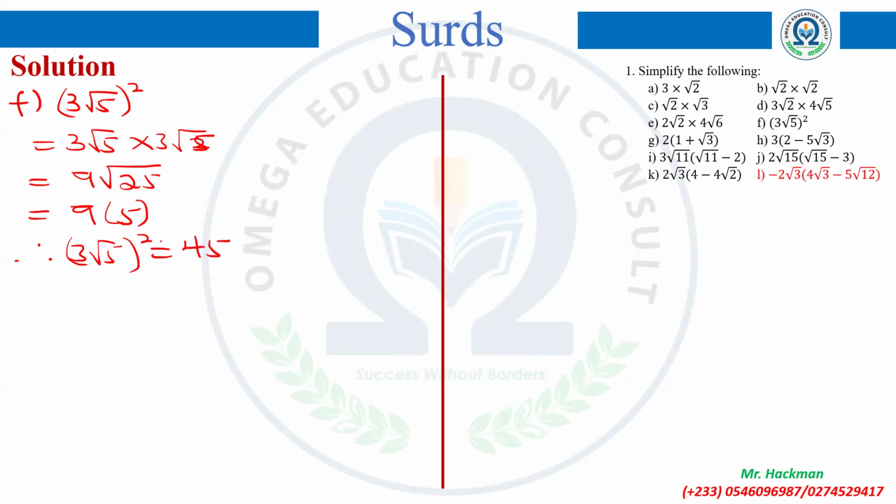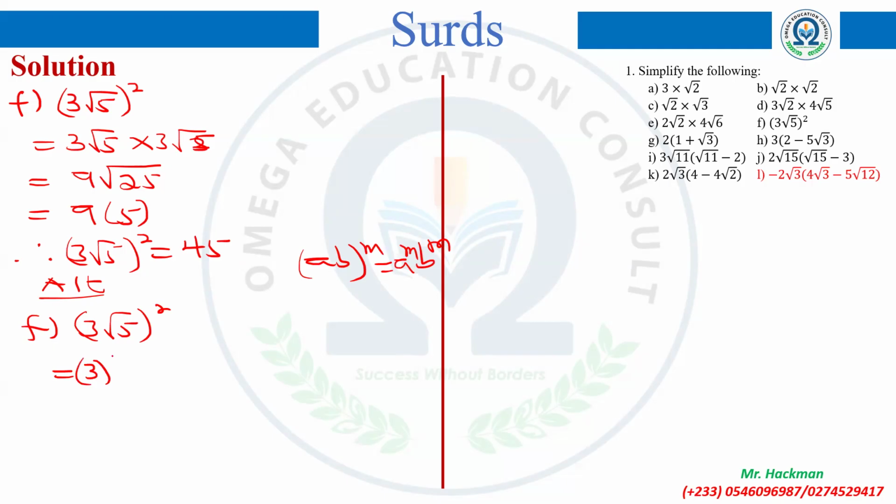That is one way. Alternatively, and that is the way that I want you to handle: if I have 3 roots of 5 all squared, from indices, if you have a, b to the power m, we know that is the same as a to the power m, b to the power m. Do you agree? Yes, please. So on that note, it means this will be equal to 3 squared, I'm writing it just for explanation purposes, times root of 5 also squared.